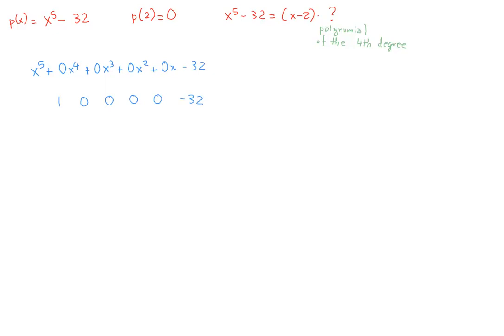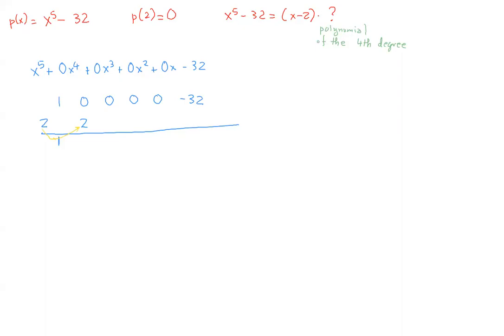And now we write the root 2 on the second row right on the left. And we bring down the number 1, right, from the top row. And then we start multiplying. So 2 times 1 is 2. And we write it right here. Okay, so I repeat, we multiply 2 times 1 and we write it here.